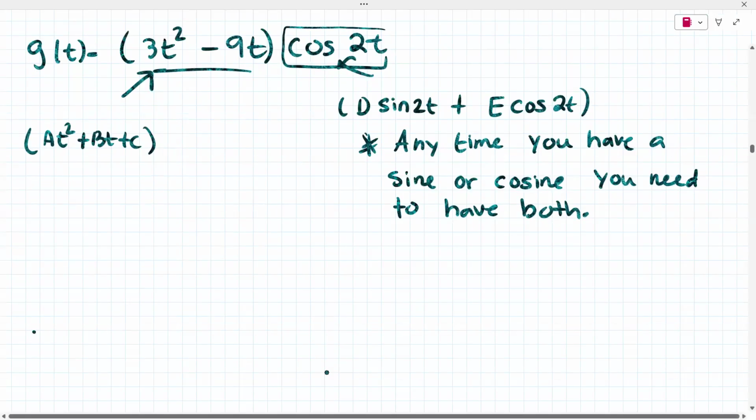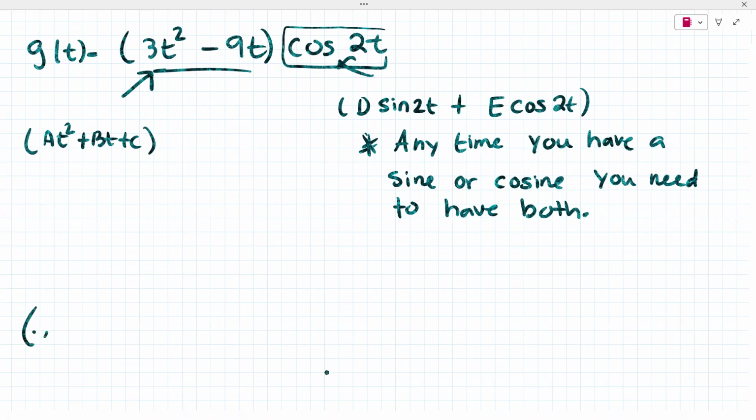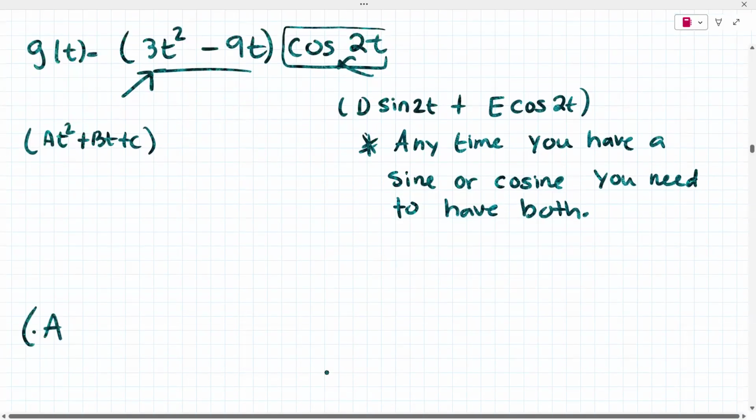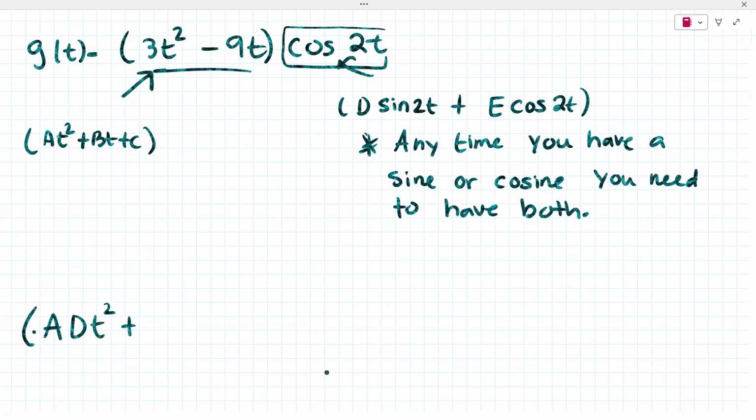When you FOIL it out, because our polynomial is a power 2, so it's a constant, it would be ad t squared plus bd t plus cd.